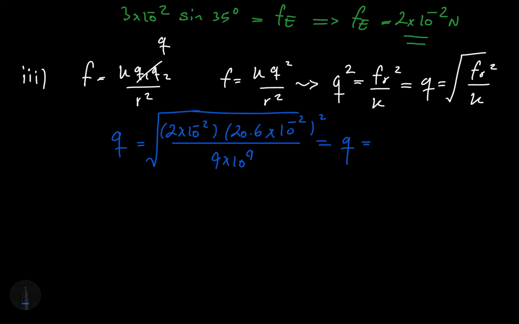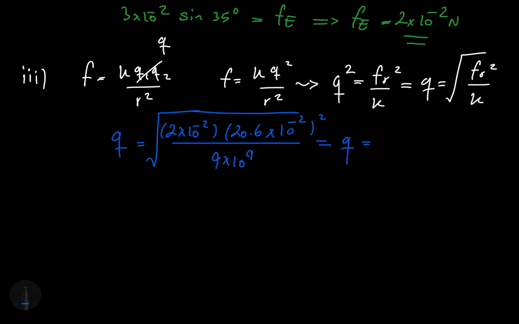You can calculate that part by putting it in the calculator. Let me do that quickly. 2 times 10 to the power of negative 2 multiplied by 20.6 times 10 to the power of negative 2, raised to the power of 2, divided by 9 times 10 to the power of 9.